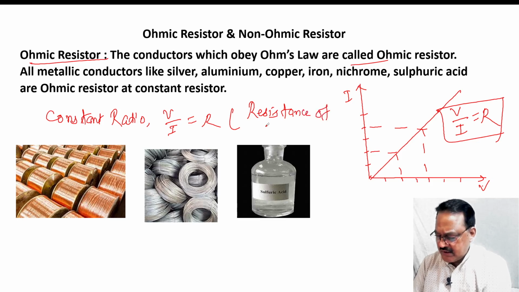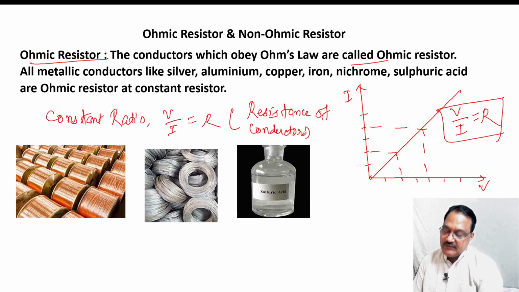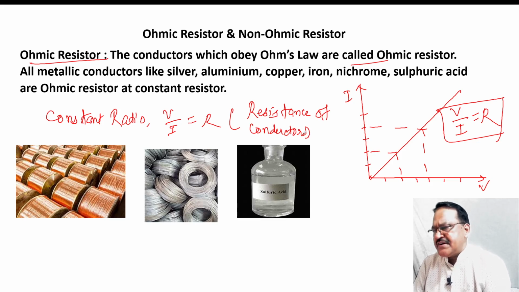So in case of ohmic resistor, this rule will be followed always. Means once the ratio of voltage and current is taken, it will be always constant, and that will give the value of resistance, provided all the physical conditions and even the temperature are maintained constant.